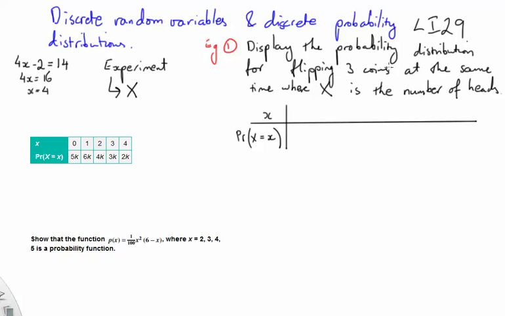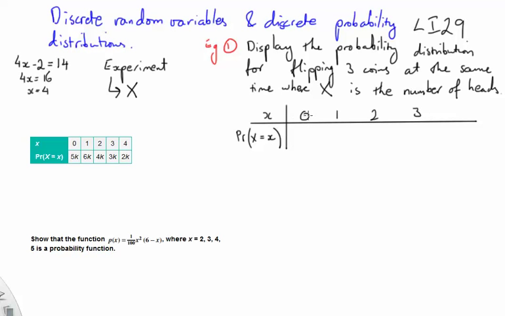You're flipping 3 coins, so you could get 0 heads, 1 head, 2 heads, or 3 heads. This thing here is saying what's the probability that the random variable is equal to x. In other words, what's the probability it takes on one of these values.